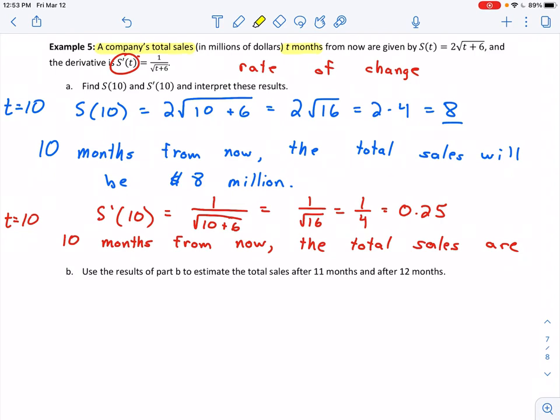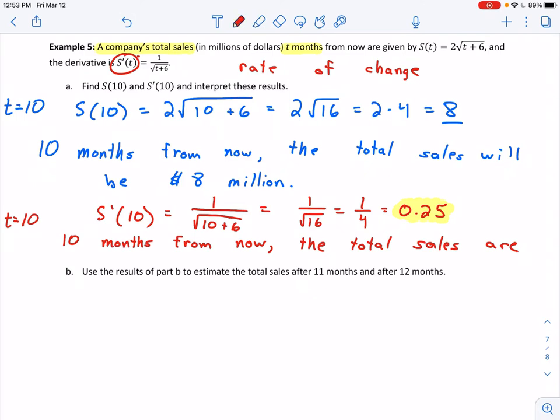In order to determine whether our rate of change is going up or going down, I'm going to look at the sign of the derivative. Here we had a positive 0.25.